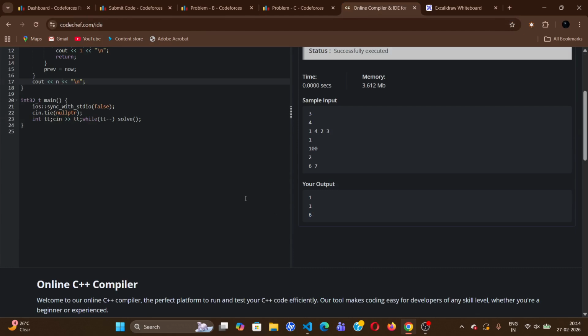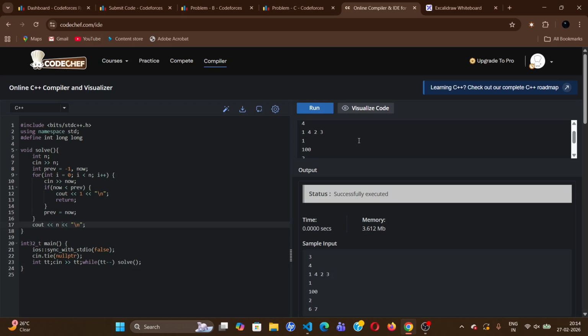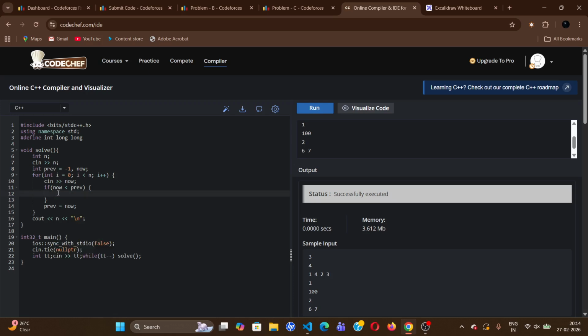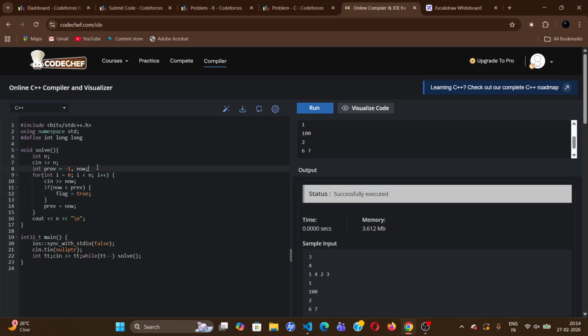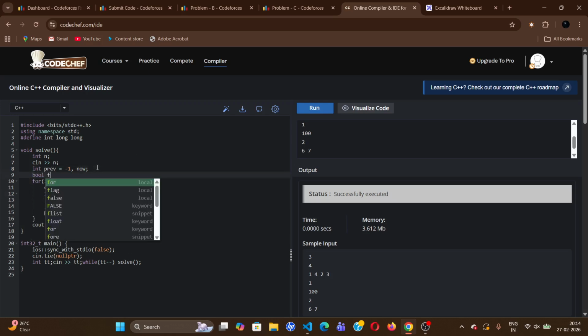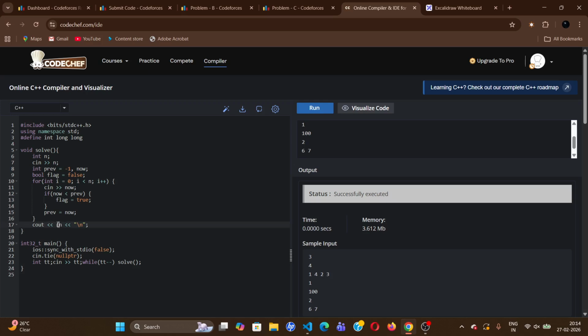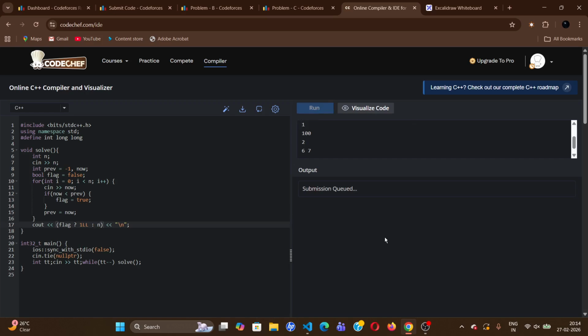Oh, it is 6. Oh, got it. Flag, then 1, else n. 1 1 2.